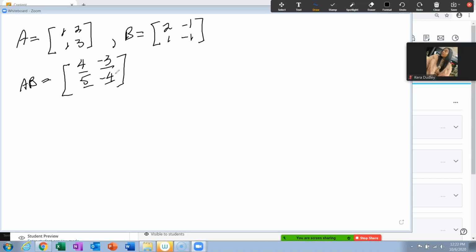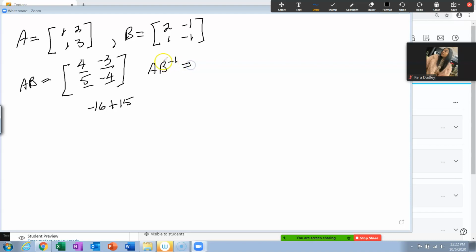Okay. So there's AB. Now they ask for what's AB inverse. Now if you recall, the inverse of a 2 by 2 matrix, let's do the determinant. That's -16 minus a minus, which is +15. So the determinant is -1.